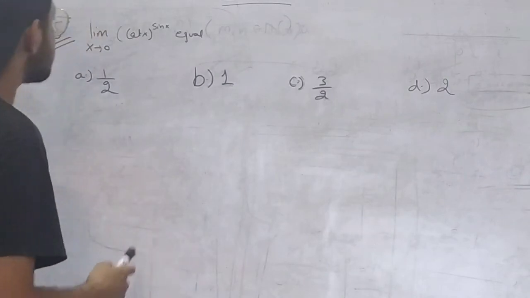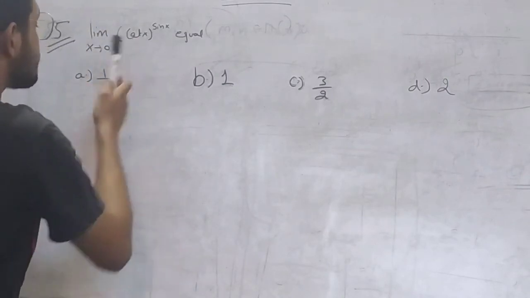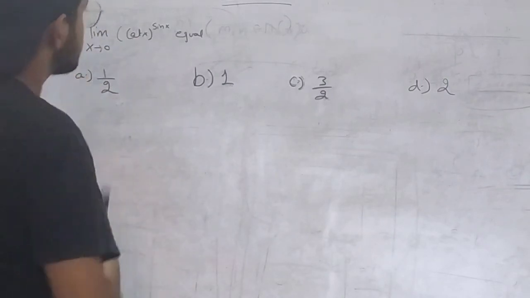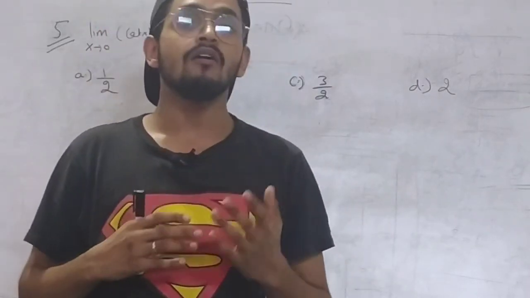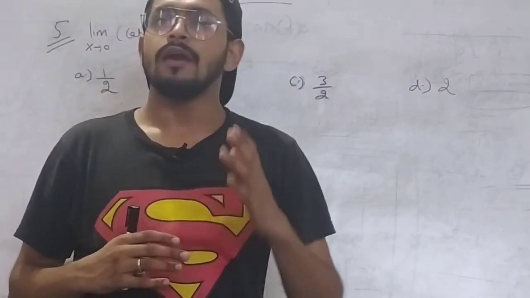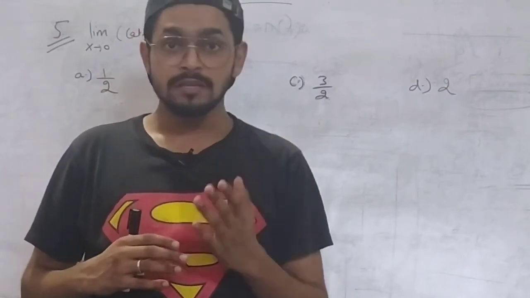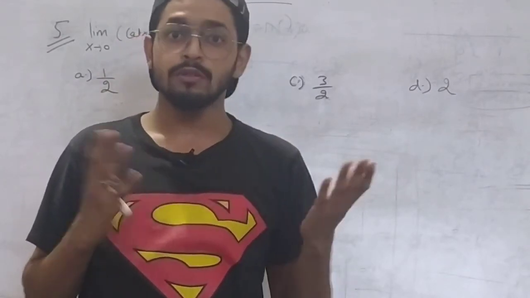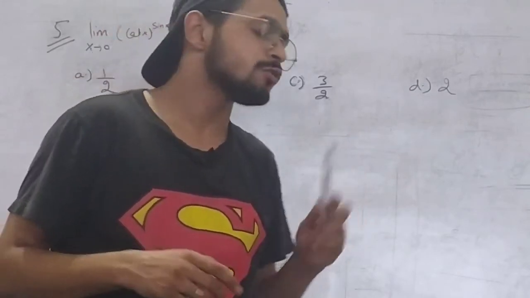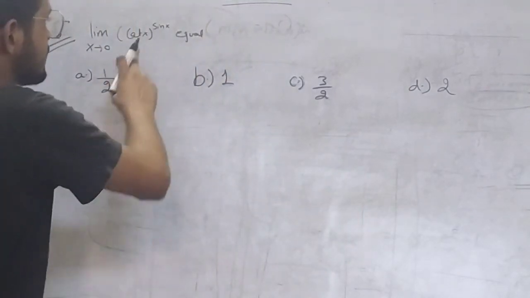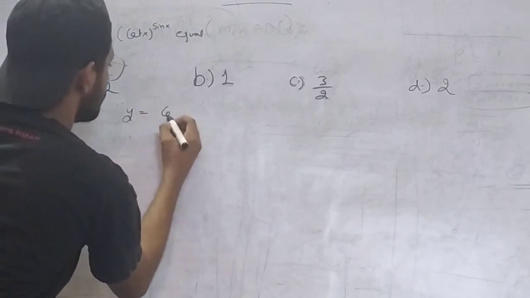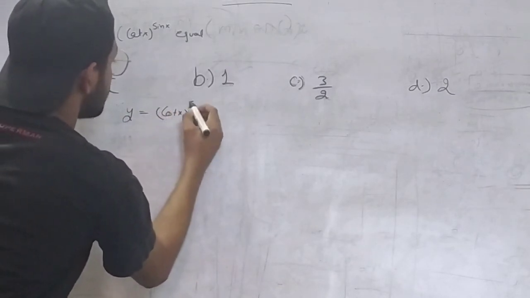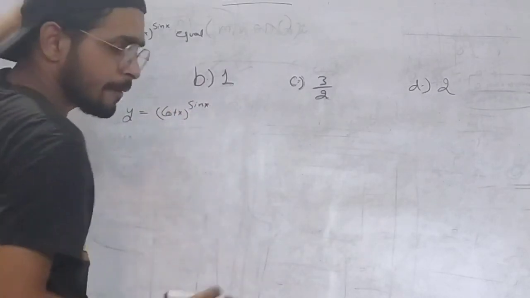So our next question is limit x tends to 0 of (cot x)^(sin x). Before doing that question, if we have some power of the variable, it's easier for us if we take log on both the sides. Let's consider this function as y. y is equal to (cot x)^(sin x).